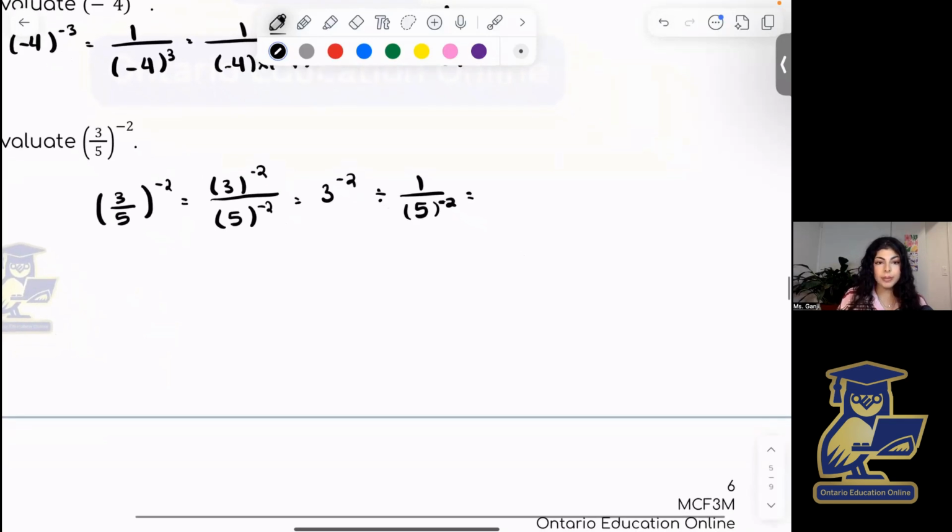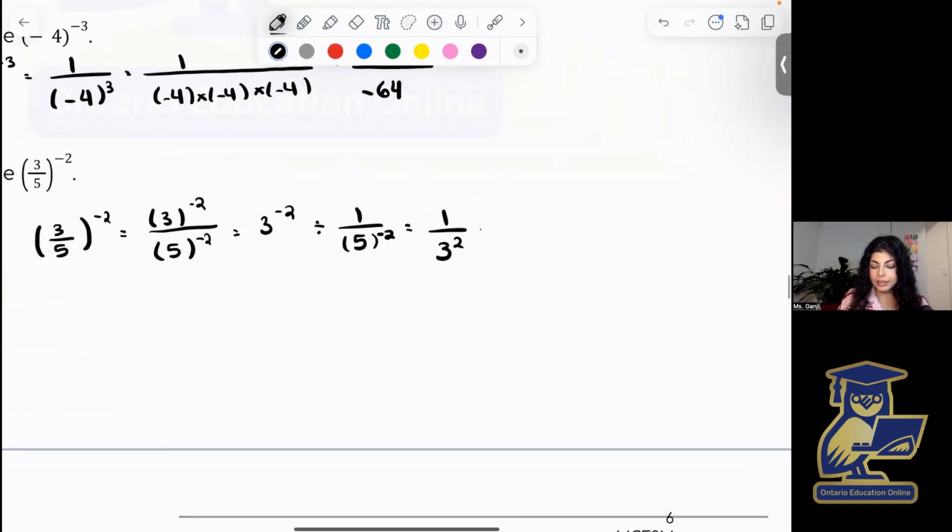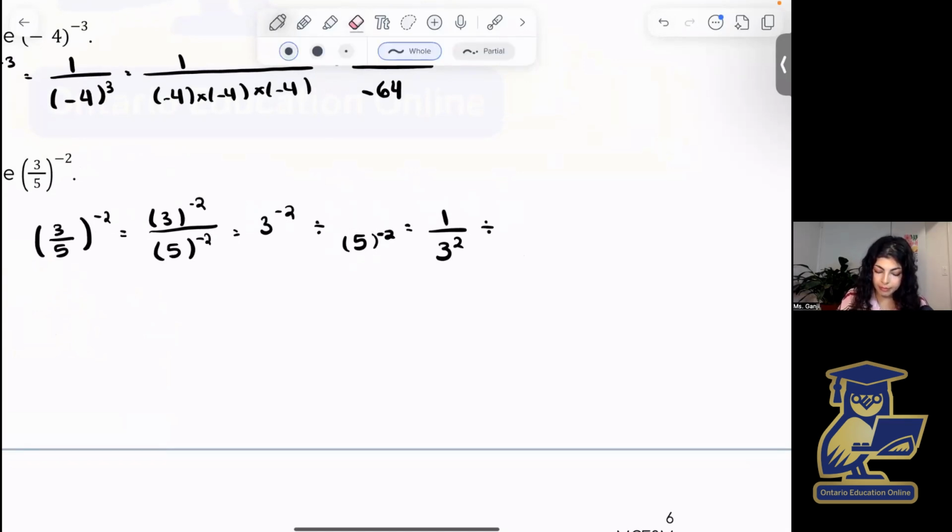So 3 to the power of negative 2 is just 1 over 3 to the power of 2, the reciprocal. And now we're taking the reciprocal of this.